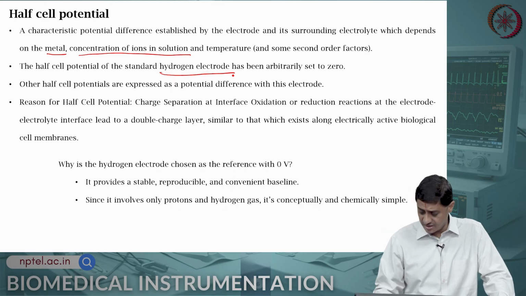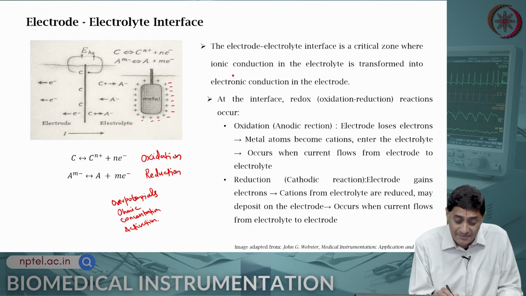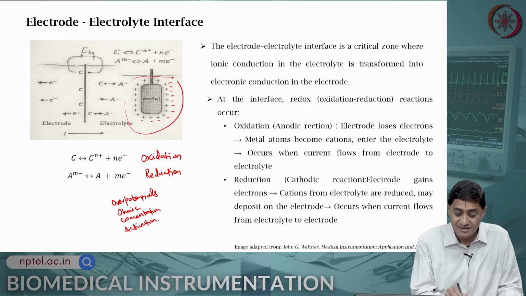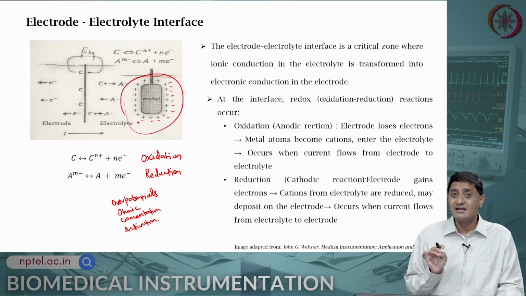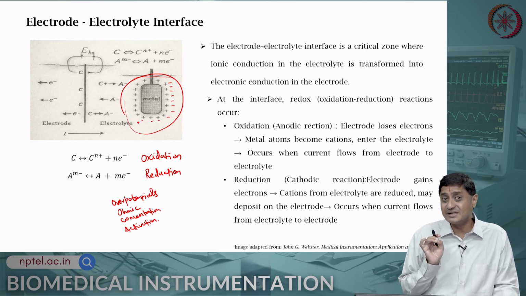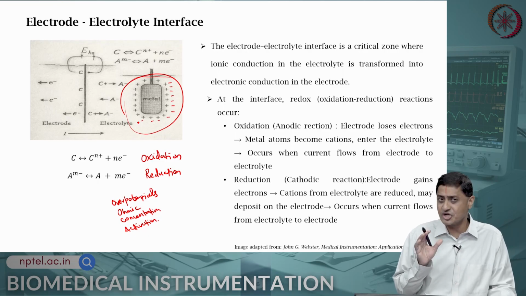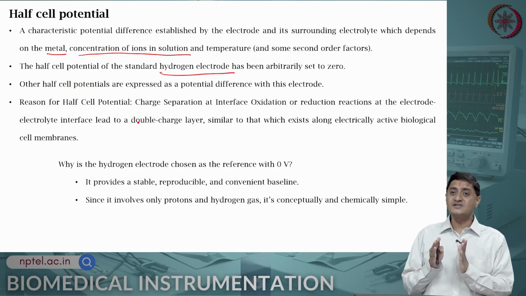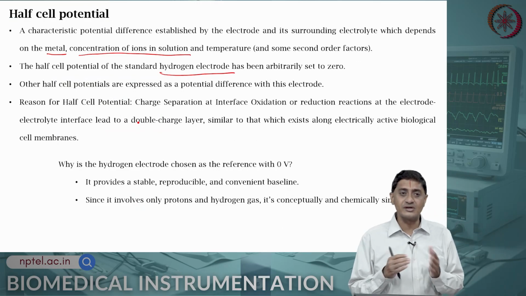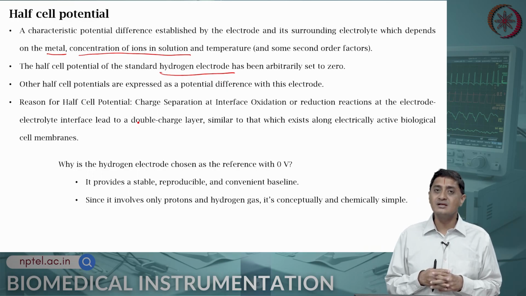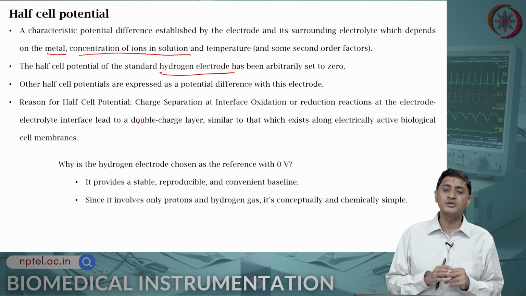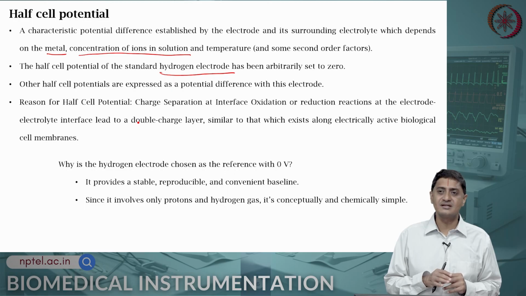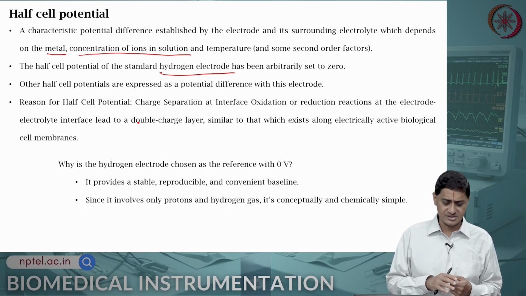Already I mentioned, because there is a charge separation that happens when this metal is energized. Whenever this metal electrode is energized, depending on the charge, there is a charge separation that is created, causing oxidation or reduction reaction at the electrode-electrolyte interface, leading to a double layer of charge, similar to what you would observe in a capacitor, or similar to what exists in electrically active biological cell membranes.